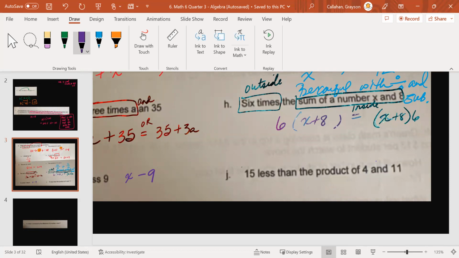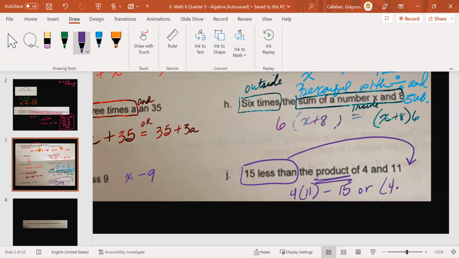Plus 11. Less than means it's after. No, plus a bunch of numbers. Nope. Try again. Oh, 11 times, 4 times 11 minus 15. Like that. Do you see it?